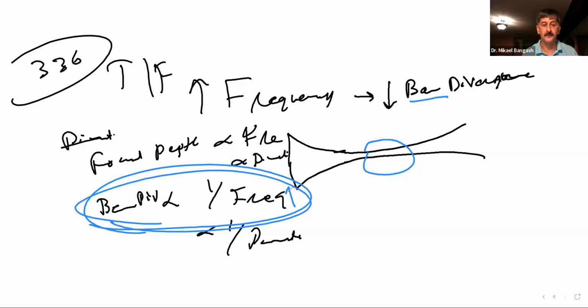A higher frequency means lesser beam divergence, which means the beam remains narrow for a longer distance. Did that make any sense?